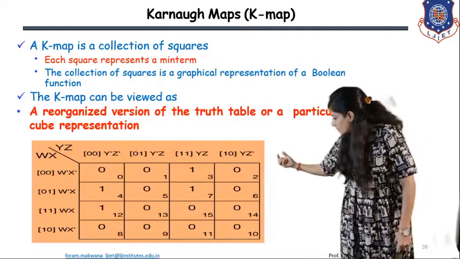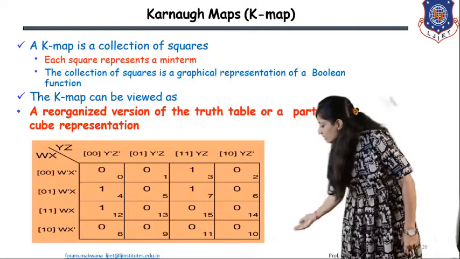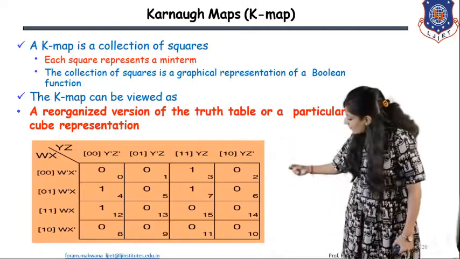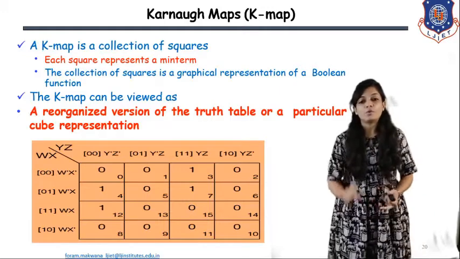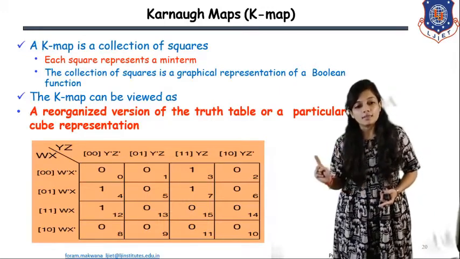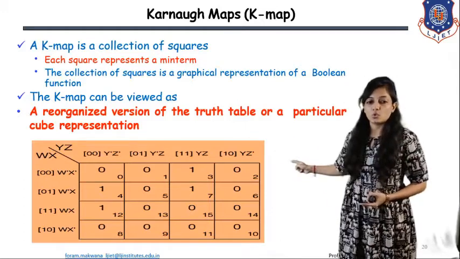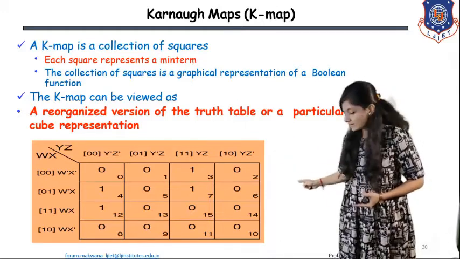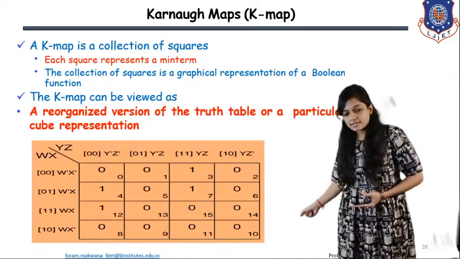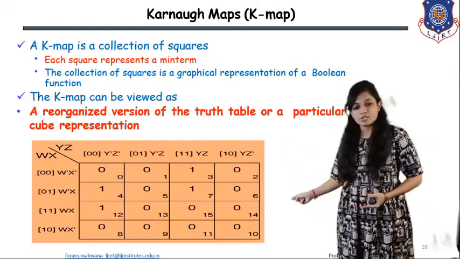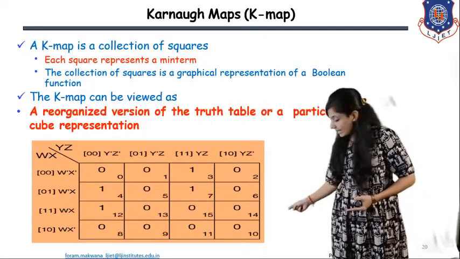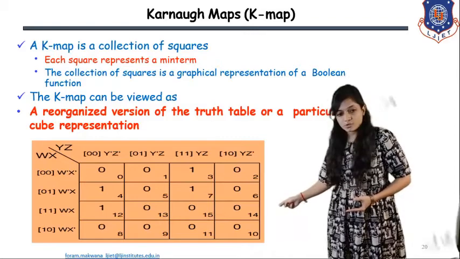So we can say that the first box represents 0 0, 0 1, 1 0 and 1 1. Why is it drawn like this? Because each and every adjacent box should have a change in only a single variable. Like 0 0 means W dash X dash. For 0 1, W dash remains as it is and X is going to change. In the third row, X remains as it is and W is going to change, so WX, that's why.